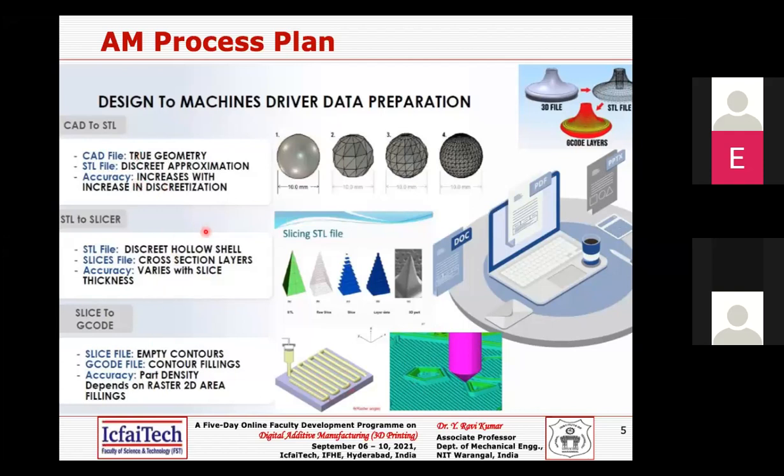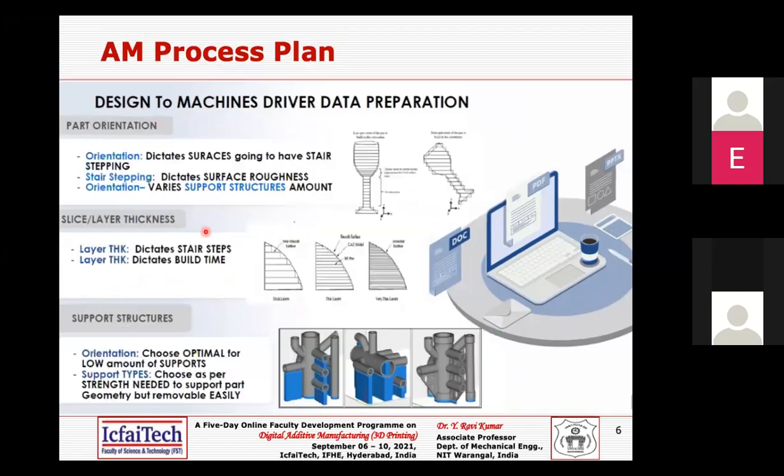And apart from these aspects, we need to talk about the part orientation, or the build orientation. For example, if you take the CAD model, we can build it in a vertical direction or at some 45-degree inclination.